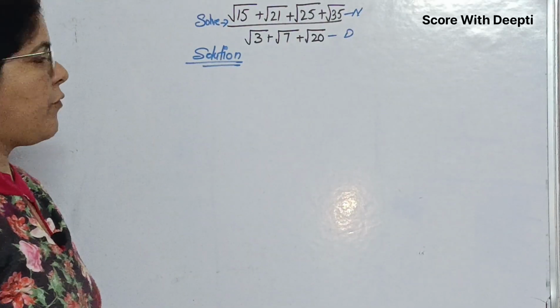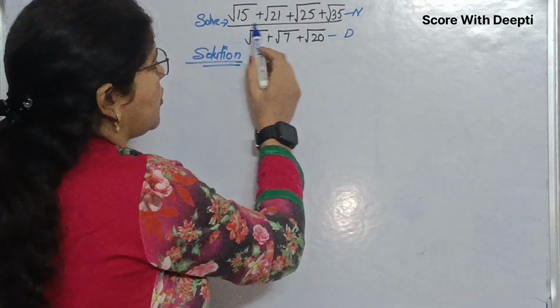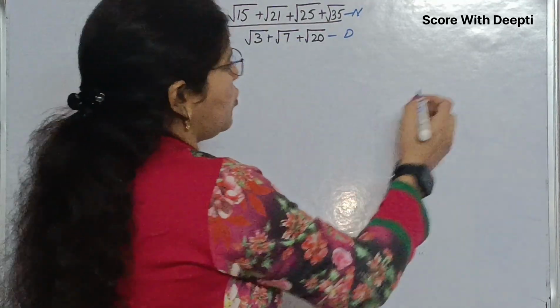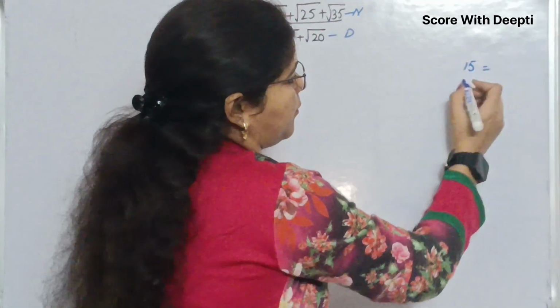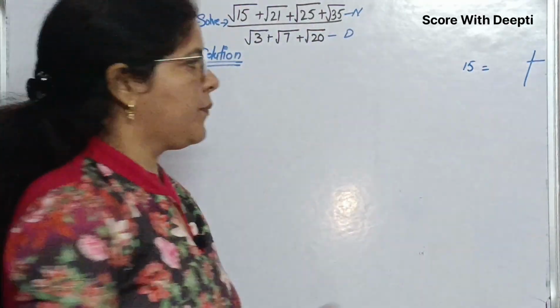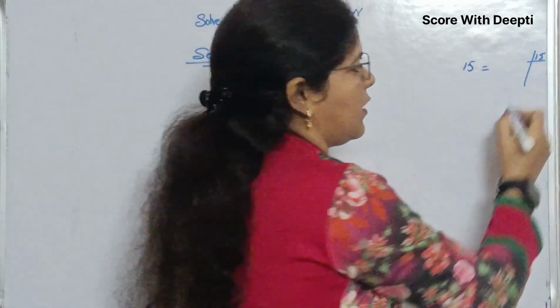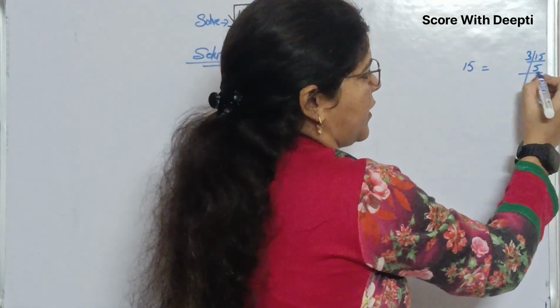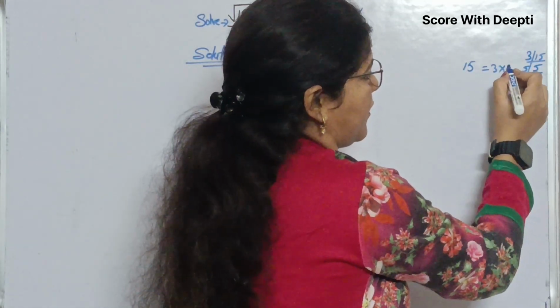In this problem, our first step is to find the prime factors of all these numbers that are given under the square root. How will we find the prime factors of 15? First we write 15 and divide it by 3. 3 5s are 15, so the prime factors are 3 and 5.